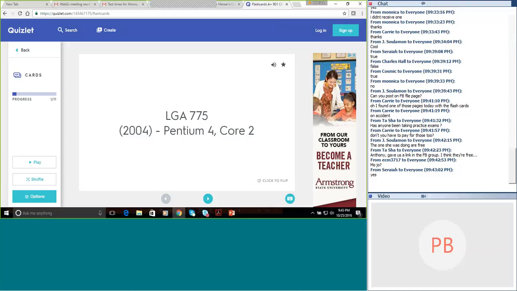You understand what I'm saying? So when it comes to CPUs, those are the kind of questions they're going to ask you. Socket B is the 1366, which is only for i7s. That's like one of the highest level processors that they are.